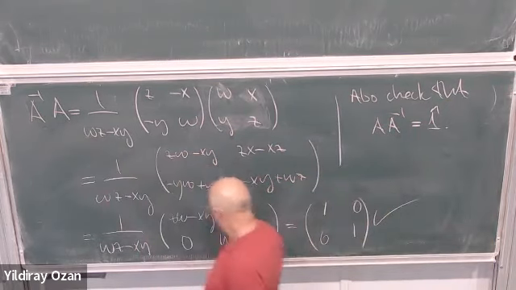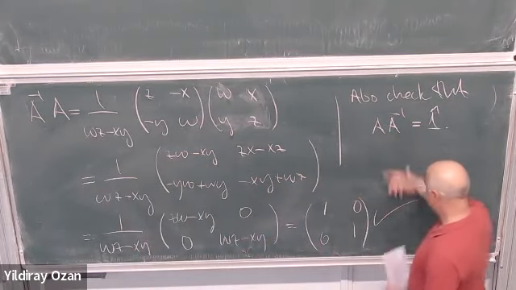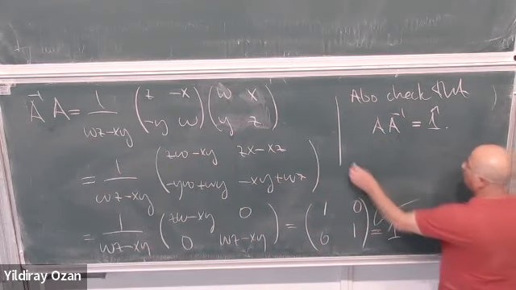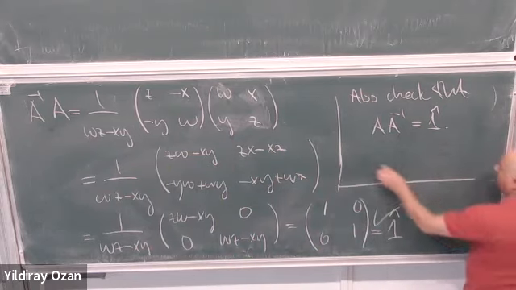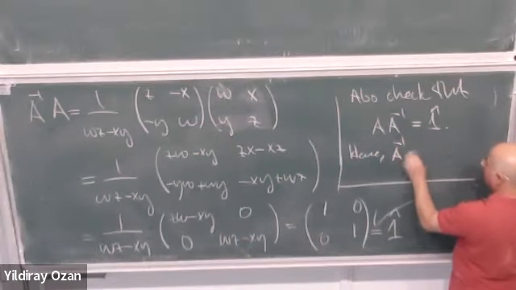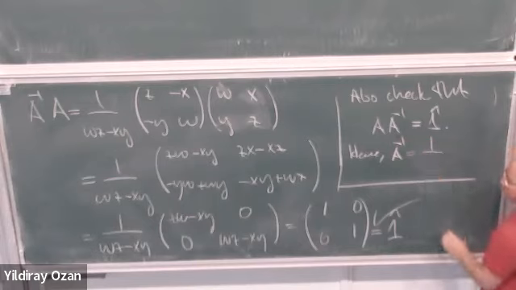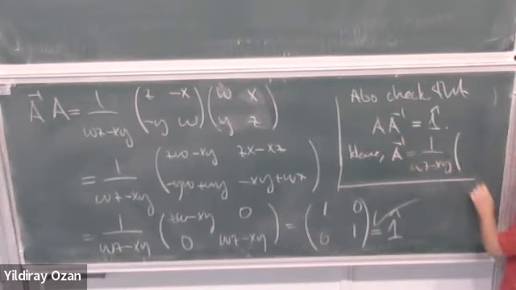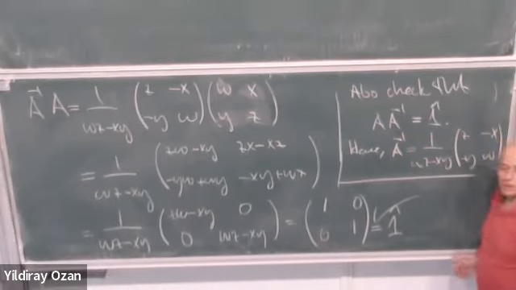This product is identity and this product is identity, right? So A inverse is just whatever is written over there: 1 over WZ minus XY, times the matrix Z, minus X, minus Y, W. Okay.